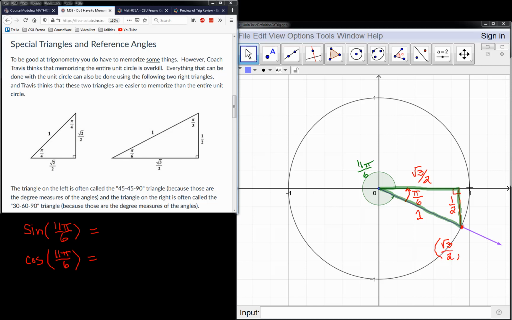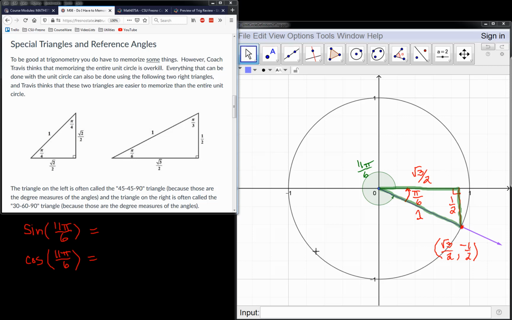And then to get the y coordinate, we have to go down by a length of 1/2. So down by 1/2 means negative 1/2. And so there you go. We got the coordinates of that point.